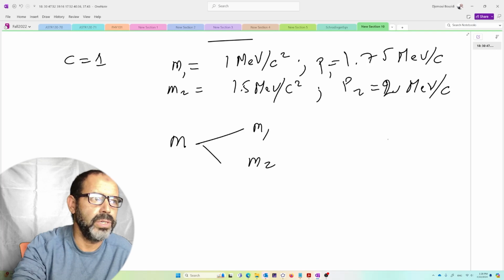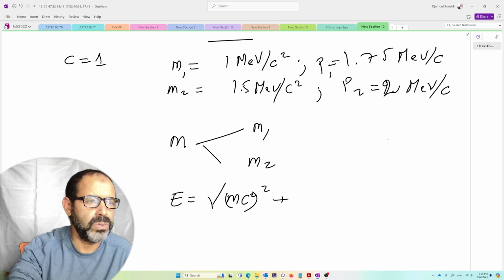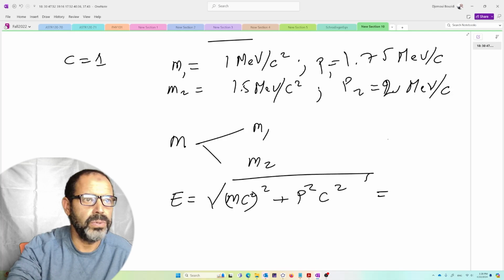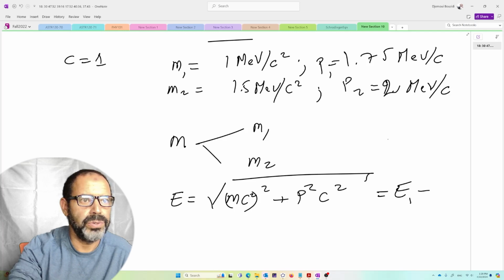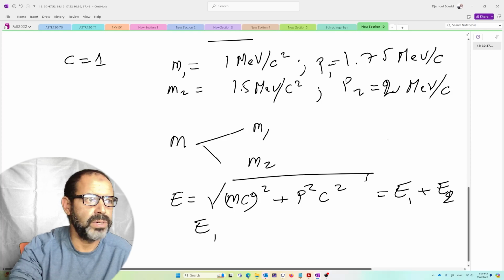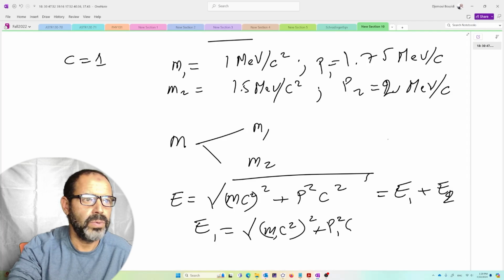Its initial energy is E of the particle, which was its rest mass squared plus its momentum, and it must be equal to the energy of the outgoing particles, E1 and E2. E1 is simply the same expression, m1 c squared, squared, plus p1 squared c squared.